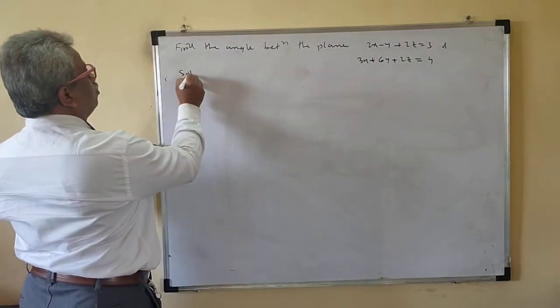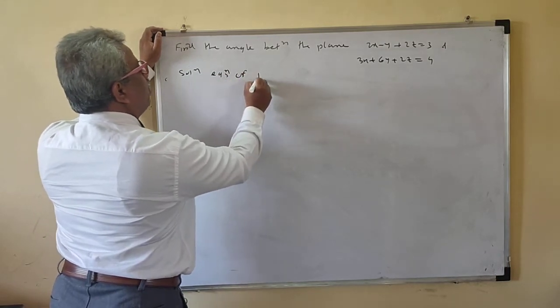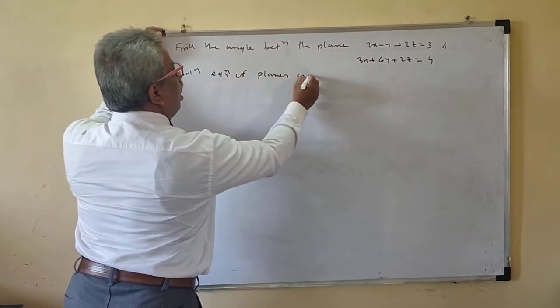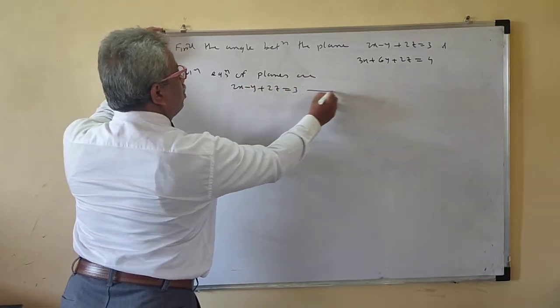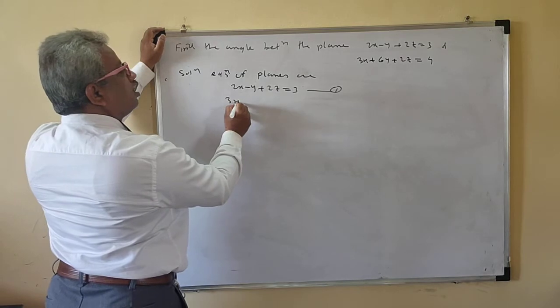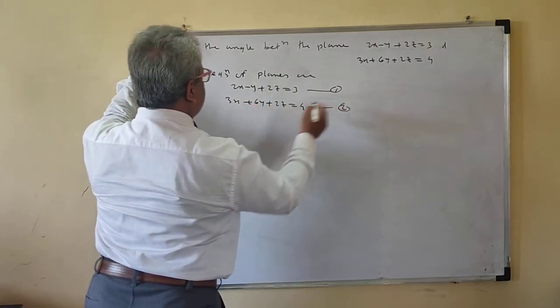Solution. Equation of planes are 2x minus y plus 2z is equal to 3, call this 1, and 3x plus 6y plus 2z is equal to 4, call this 2.